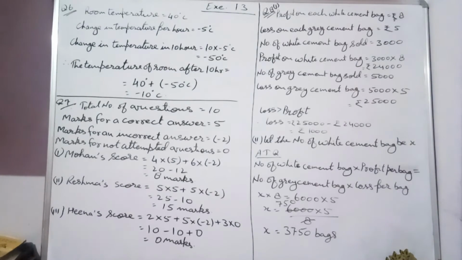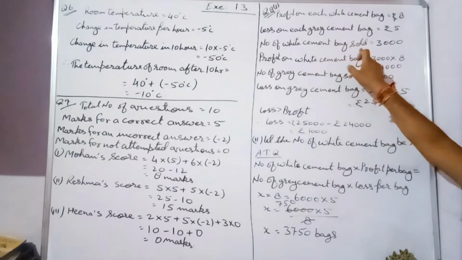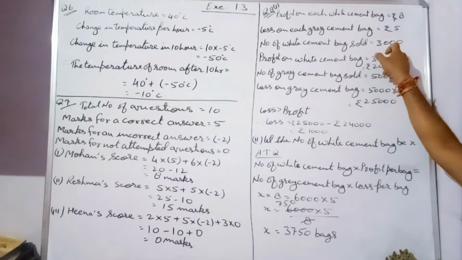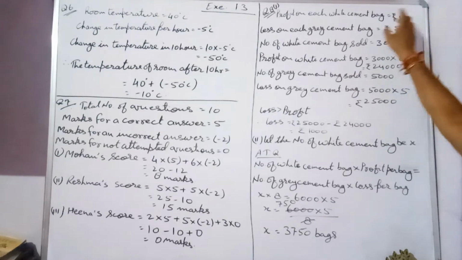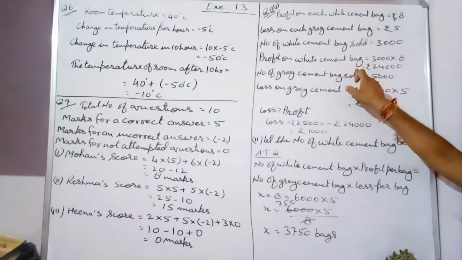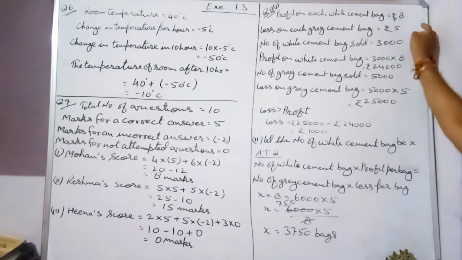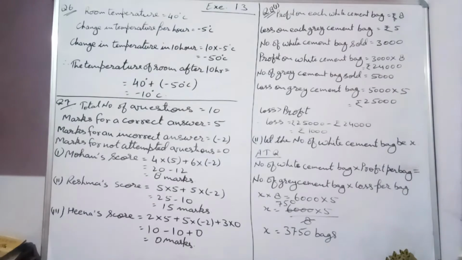So in that case, it is saying the company sells 3000 white cement bags. It means the number of white cement bags sold equals 3000, and every white cement bag's profit is rupees 8. So total profit on white cement bags is 3000 into 8, which is rupees 24,000 profit. Now it is saying 5000 bags of grey cement in a month.